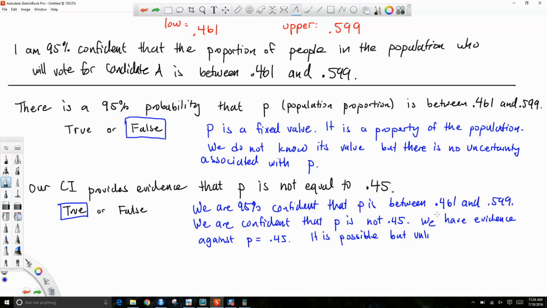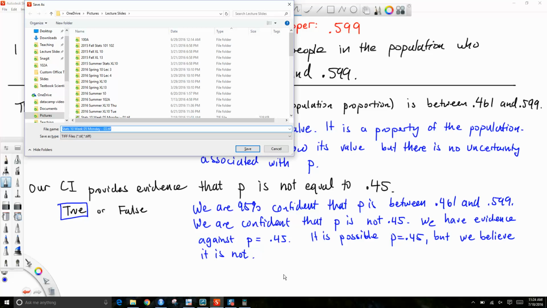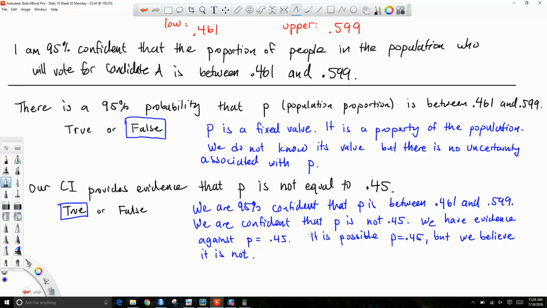It is possible P is equal to 0.45, but we believe that it is not, based on the evidence we have. So far, okay? All right, let's try another one of these.